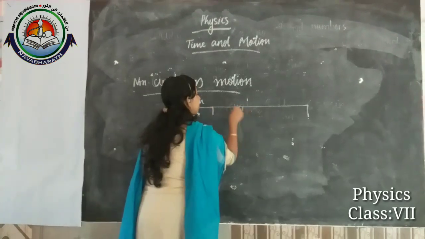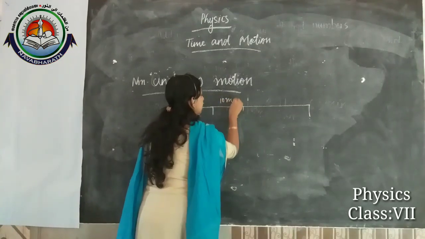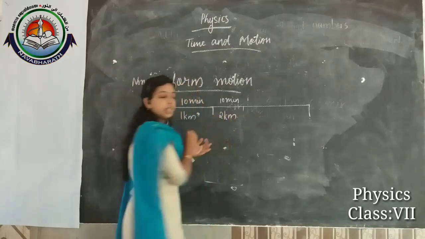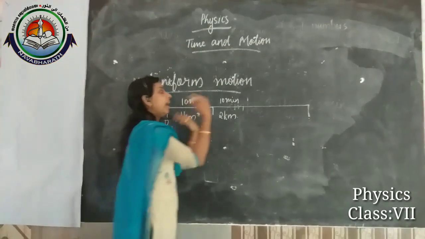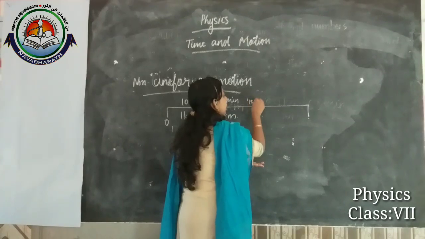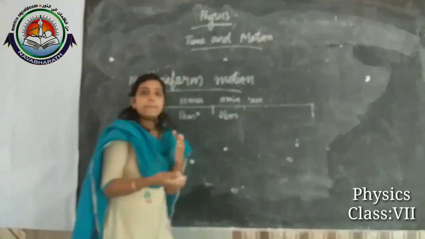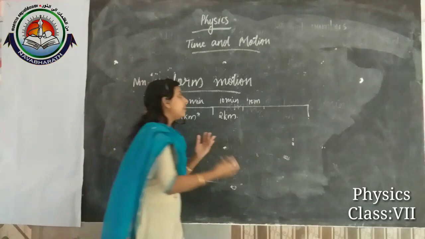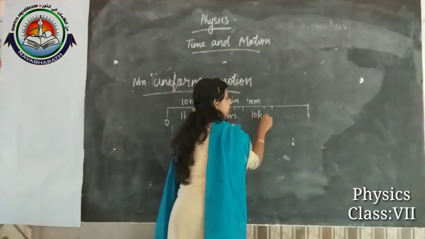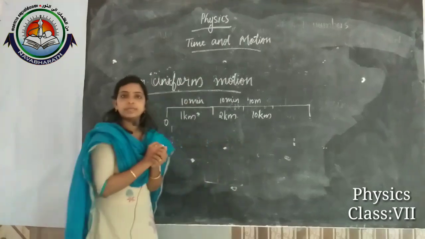But in the next 10 minutes, what will happen? In the next 10 minutes, it may cover 2 kilometers. And the next 10 minutes, what will happen? Gradually, this train picks up the speed, and in the next 10 minutes, it can cover 10 kilometers. Right?